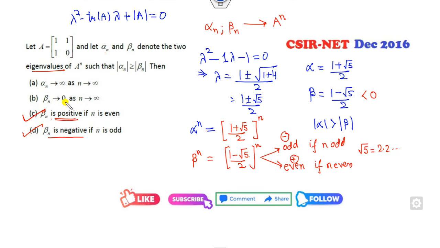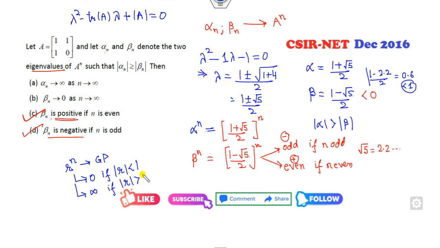Beta n approaches 0 as n approaches infinity. So what is the exact number of this? It's 2.2 divided, so it's 0.6, that is less than 1. Fine, the absolute value of this is less than 1, and we all know r raised to power n, that is the GP series, goes to 0 if this value is less than 1. This value goes to infinity if mod of r is greater than 1.